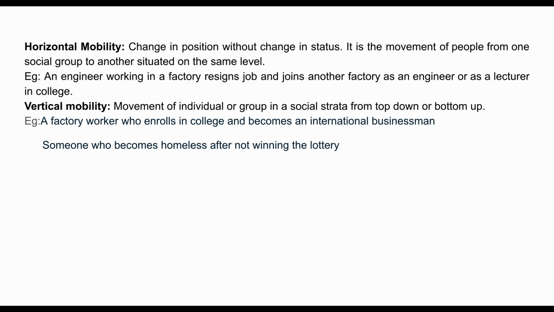He is starting his journey from the bottom and moving to the top position. The other one is someone who becomes homeless after not winning the lottery. Now from the top he came back to the bottom.